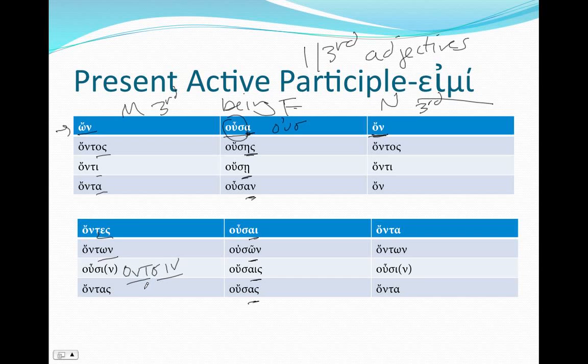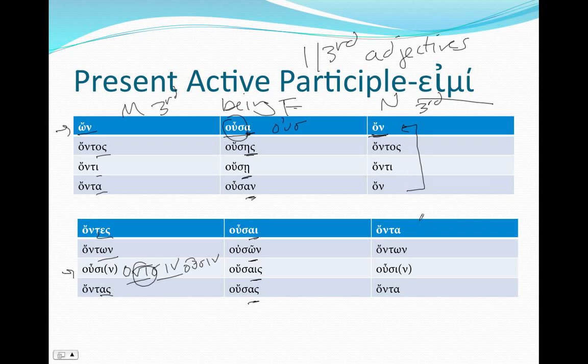And remember, like with geron, there's compensatory lengthening, and we get ousin. And ontas. So ōn, ontos, onti, onta, ontes, ontōn, ousin, ontas. Remember this.